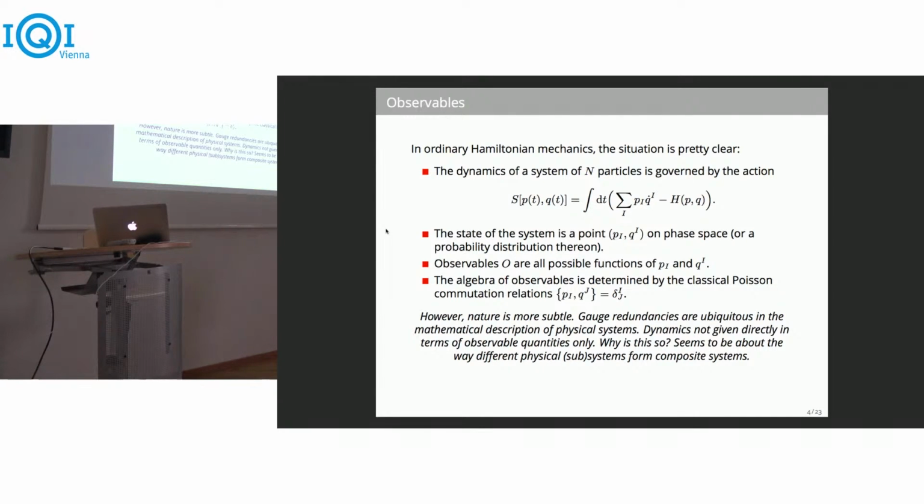And our current understanding of why that is so has to do with how systems interact, or equivalently how to break systems apart and study subsystems. So often in the mathematical description of physical systems, they are not formulated directly in terms of gauge invariant quantities.